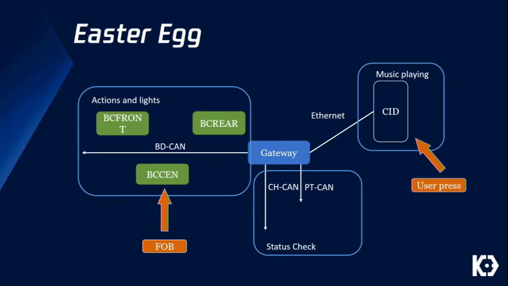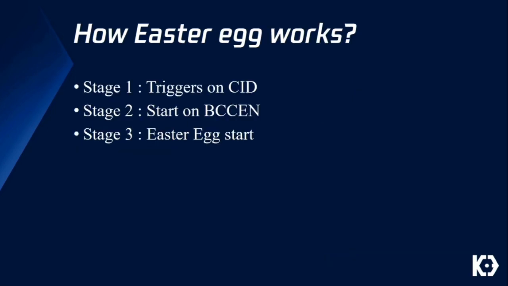Now I think I can divide the Easter egg into 3 stages. The first stage is the trigger on the CID. As an official Easter egg, you should first get in the car, do a long press on the Tesla logo, and enter some passcode to trigger the Easter egg.